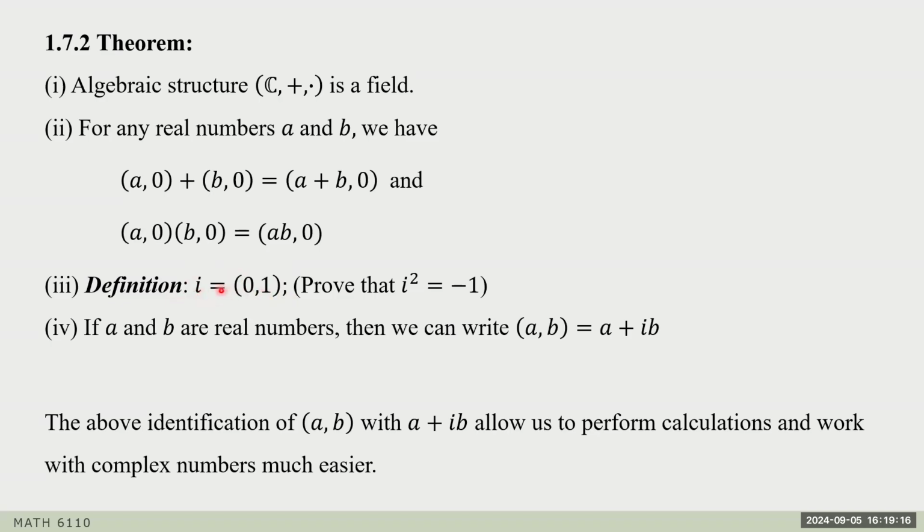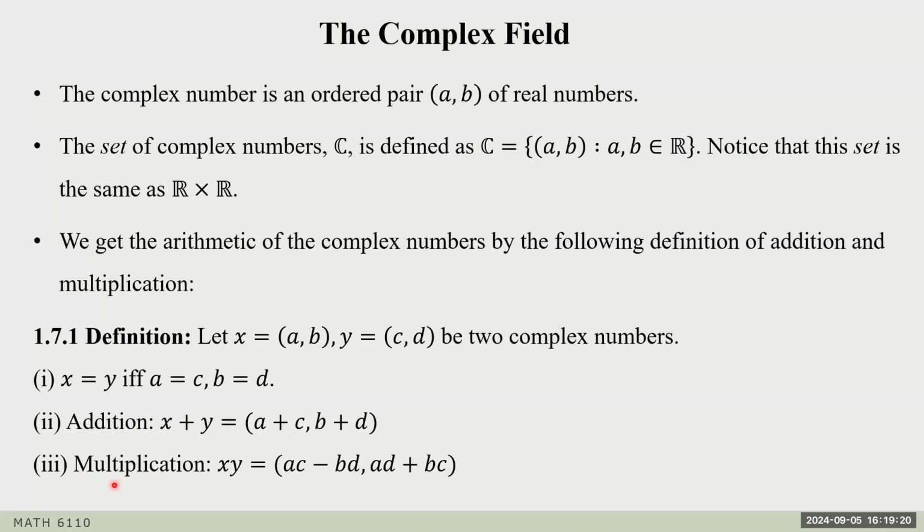And if you do i times i following this multiplication rule, now we see why this multiplication was chosen in this funny way. It was chosen such that when the second components are 0, it recovers the multiplication from the real numbers.